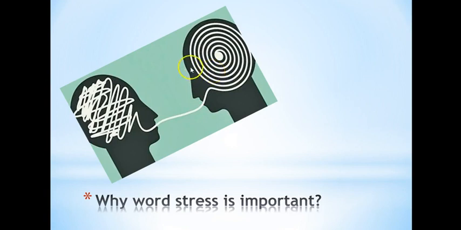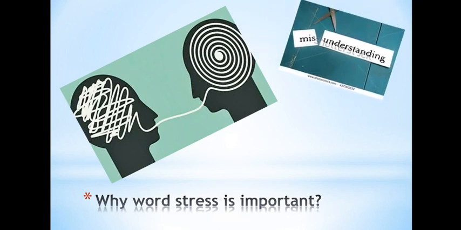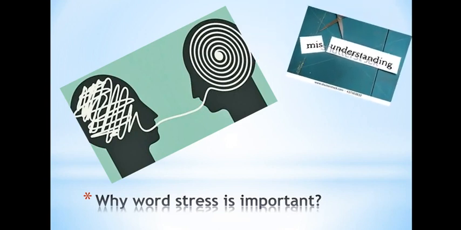For example, this person tried to say something like this one, but when he or she said it to his friend or her friend, it created this kind of meaning. So one of the important things is if you put the wrong word stress, it will create misunderstanding, because when you put incorrect word stress, it will create another meaning.